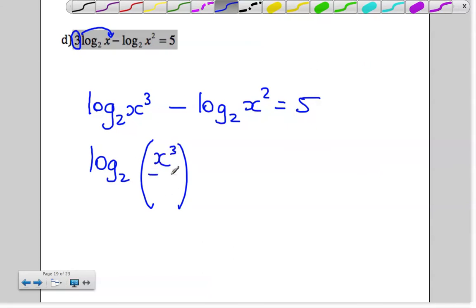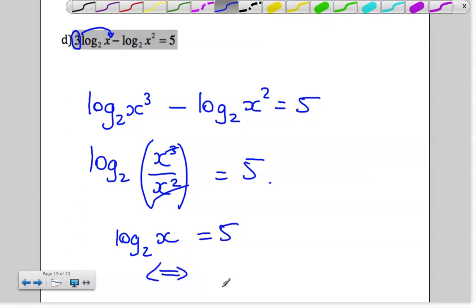X cubed over x squared equals 5. That gives me log base 2 of x. Those two cancel out, yeah, equals 5. I'm running out of things to do, so I'm going to do if and only if 2 to the power 5 equals x, and 2 to the power 5 is 32.